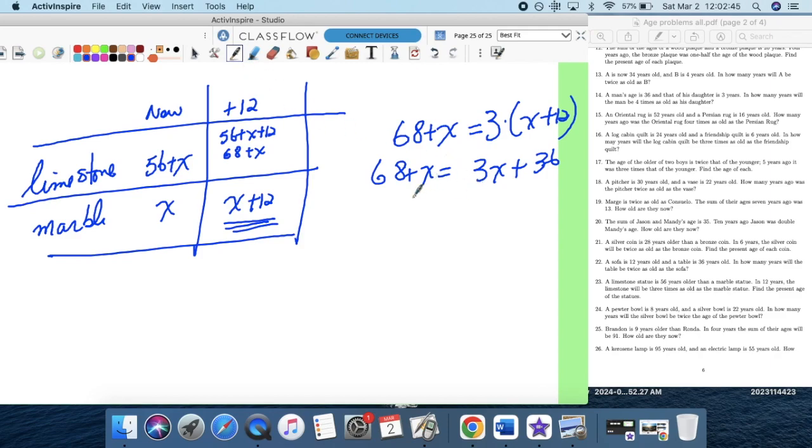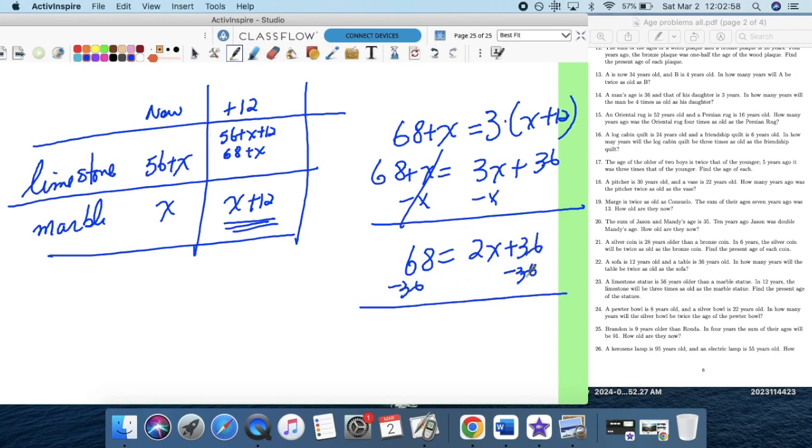We're going to subtract 1x from both sides, because this goes away, and then 68 is left over there. 3x minus x is 2x plus 36. Let's do minus 36 on both sides. We get 2x equals 32. Divide by 2, divide by 2.